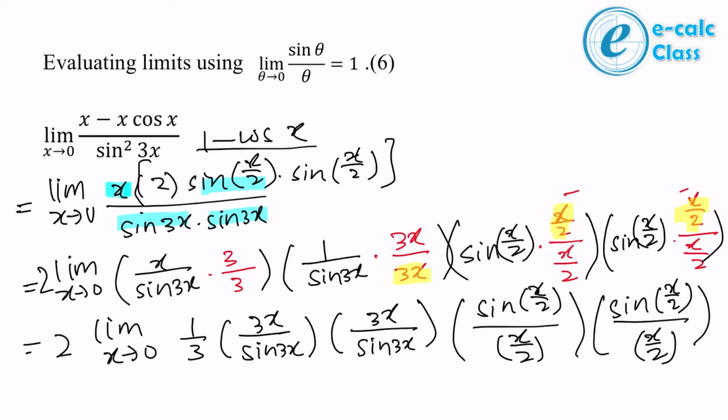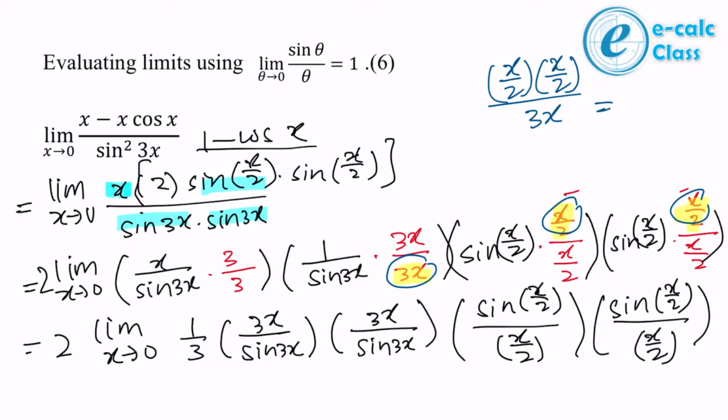So now if we combine all three of them, x over 2 times x over 2 over 3x. It is x squared over 4 over 3x, so this and that can cancel. X over 12. Actually, you don't have to do the theta anyway, because you know the answer will be 0.